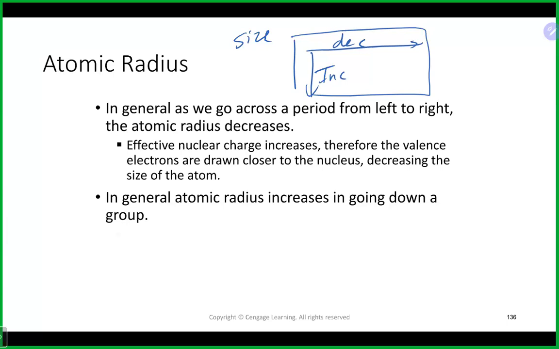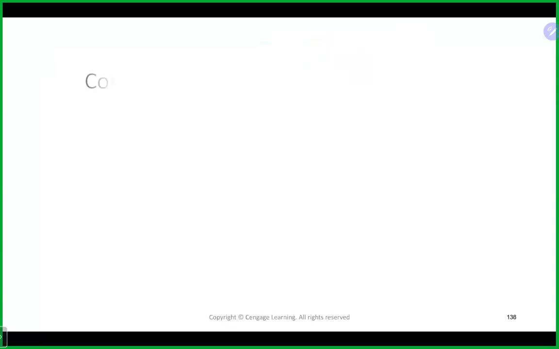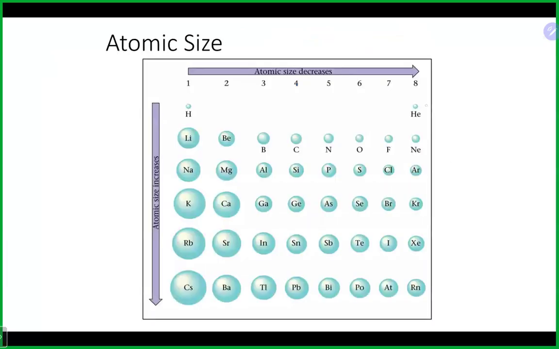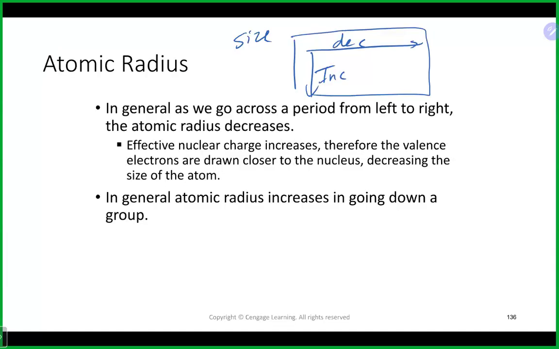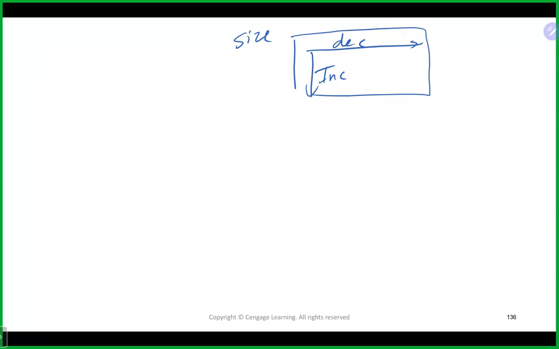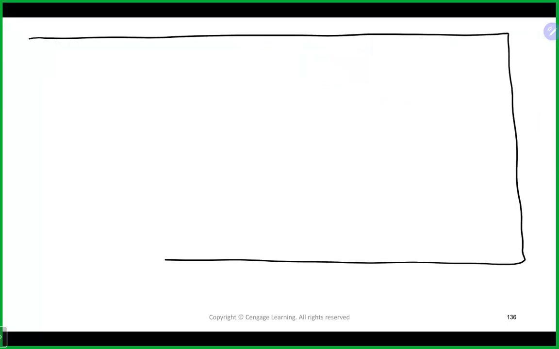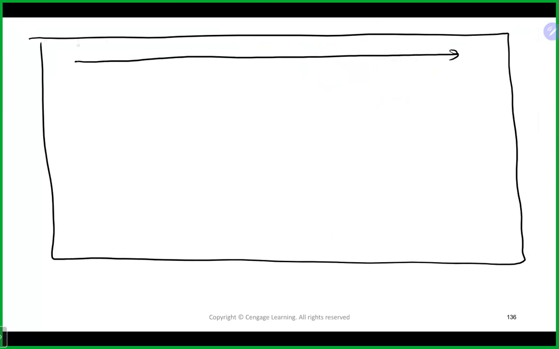So how do all these periodic trends relate to each other? In terms of atomic size, it's smaller up to the right, larger down to the left. If we put all these periodic trends together on a giant periodic table, also known as a giant box, fancily drawn, up and to the right we see Z effective increase and decrease coming down.